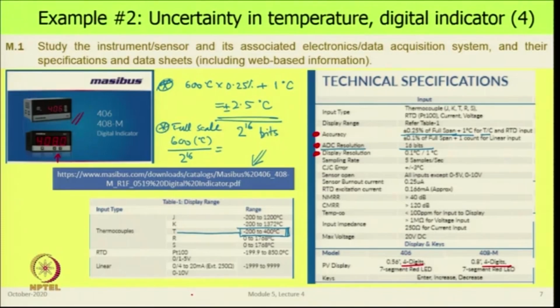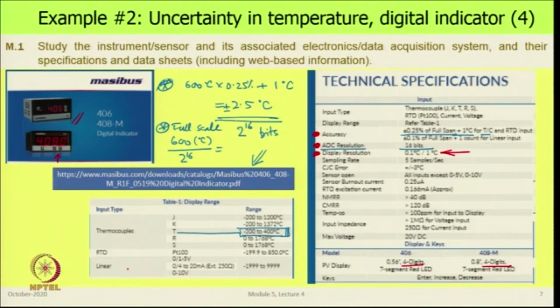So, we can select this. So, this is a third piece of information we have about this device, which influences the uncertainty that we can expect in using this device along with a thermocouple or an RTD or just a current or a voltage measurement.